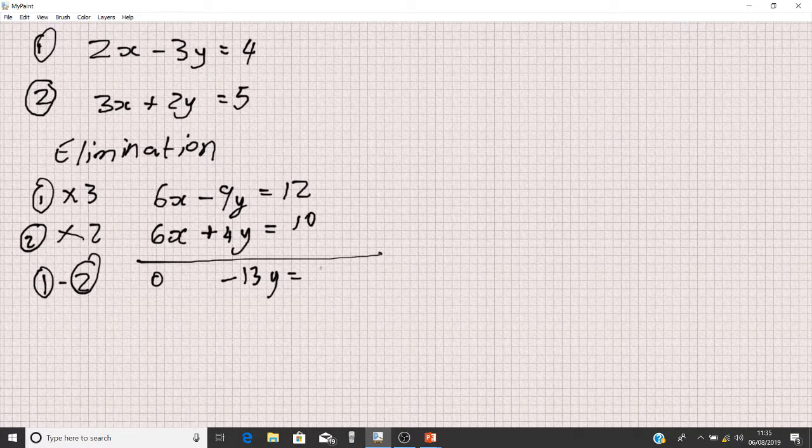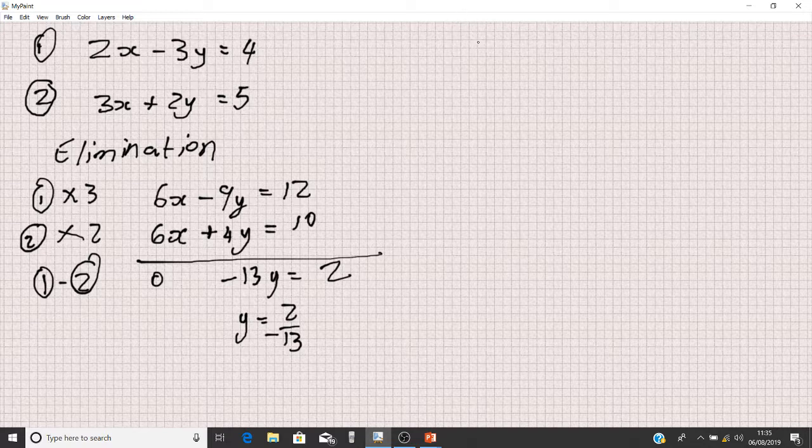Negative 13y equals 2. So y in this case will be 2 over negative 13. Now we need a value for x and y, so we're going to use the value of y and find the corresponding value of x. So I'll just go up to the top of the page again.